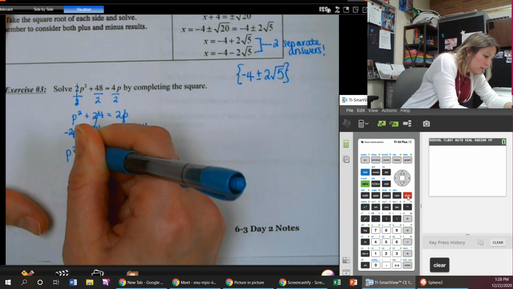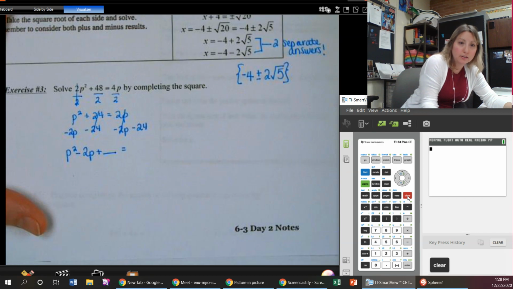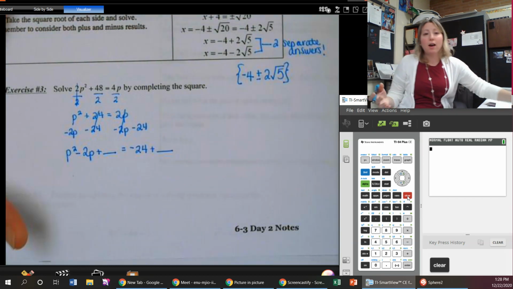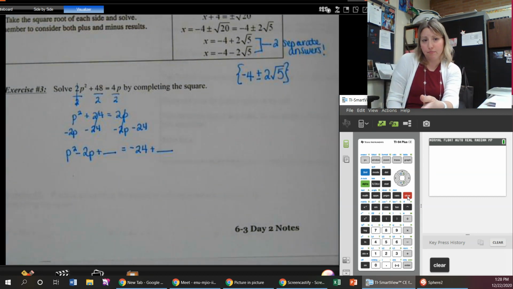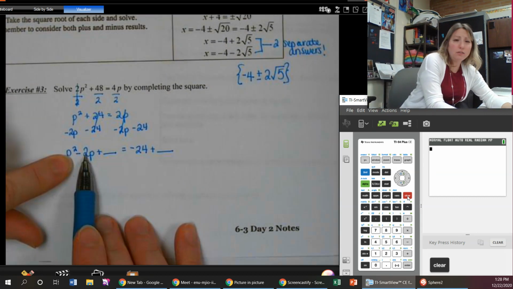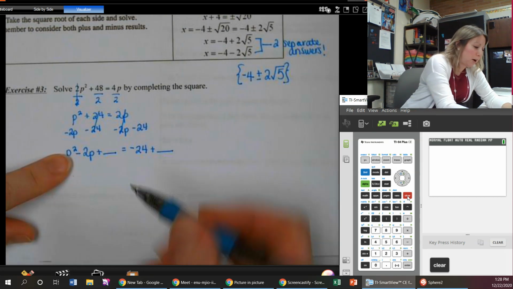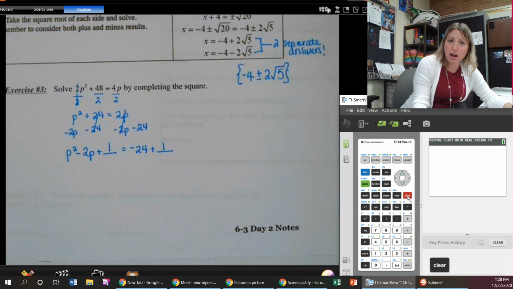So p squared minus 2p plus blank, I'm going to fill in the blank in a sec, equals -24 plus blank. So remember, whatever I add to one side of the equal sign, I have to add to the other. So now, -2 divided by 2 is -1, and -1 squared is +1, and that's what fills in my blank on both sides.